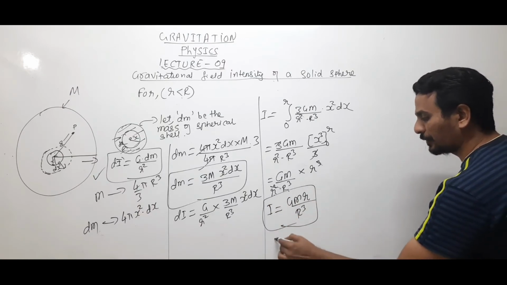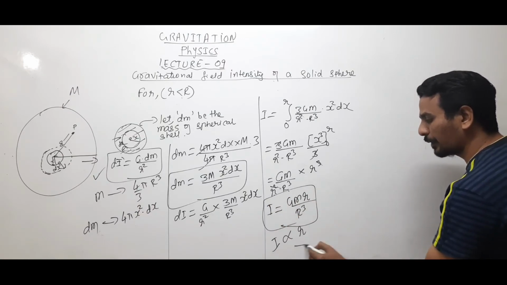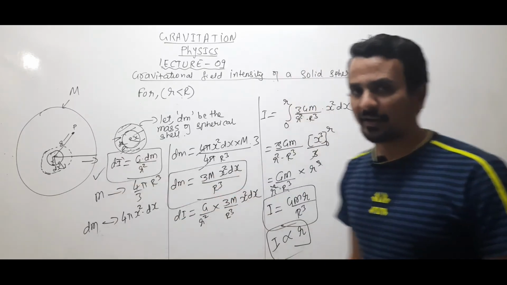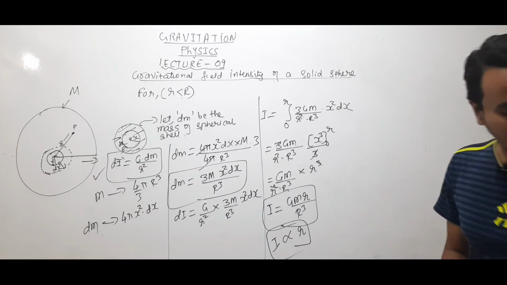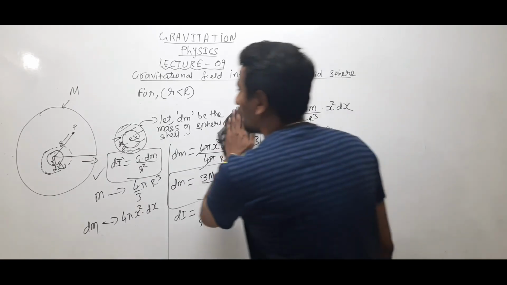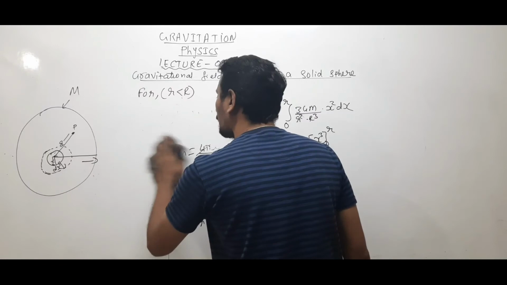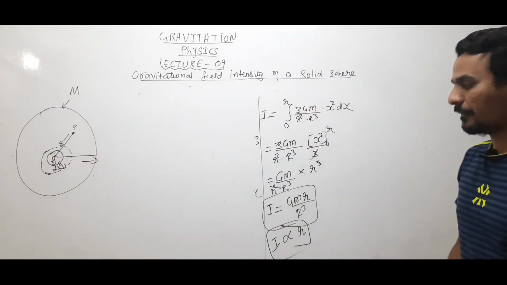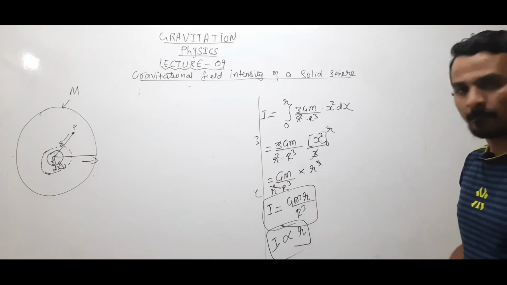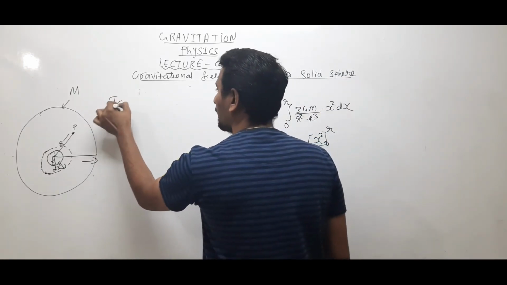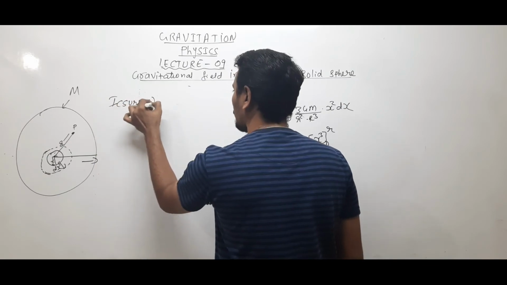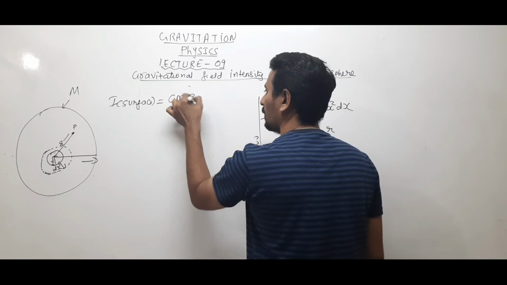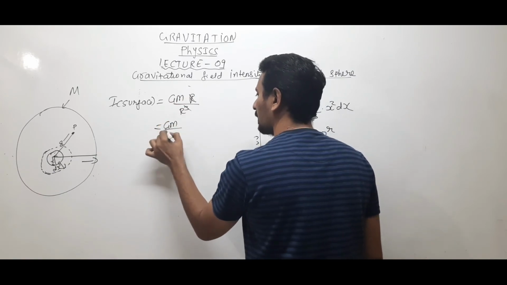The point to be noted is that the intensity inside the sphere at any point is proportional to r. Now what will be the gravitational field on the surface? On the surface, small r equals capital R, so the intensity on the surface will be GM capital R by R cube, which is GM by R square.